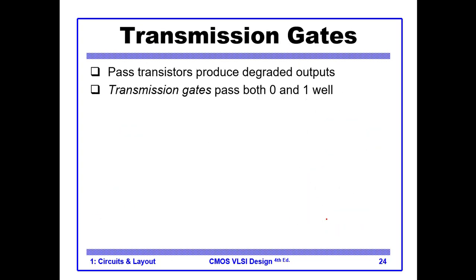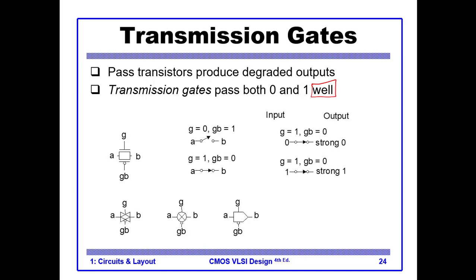So, transmission gates. Transmission gates are basically composed of pass transistors, and they have the ability to pass both 0 and 1 well. Here is a transmission gate.